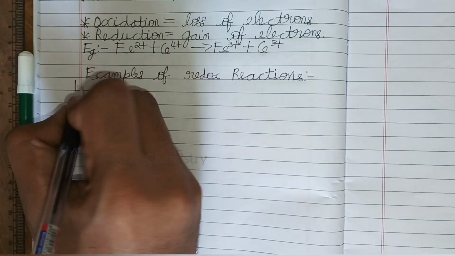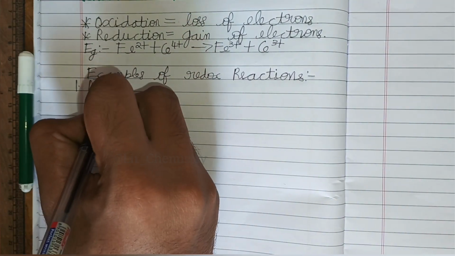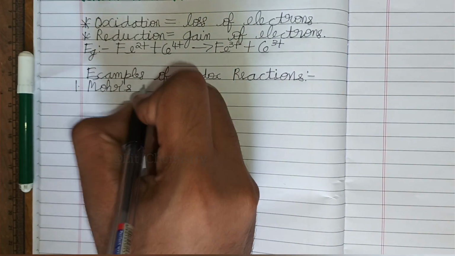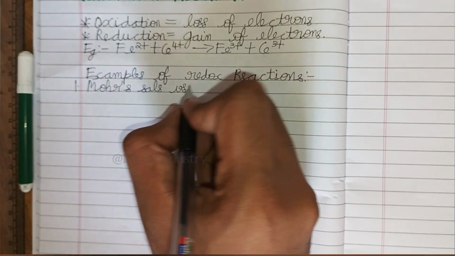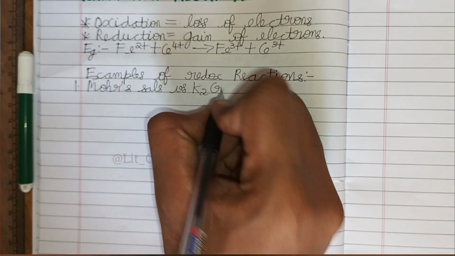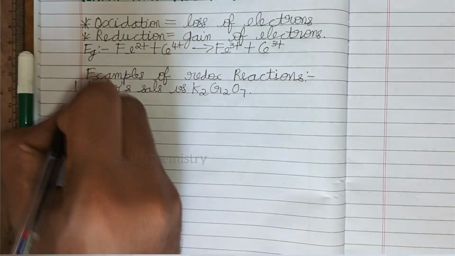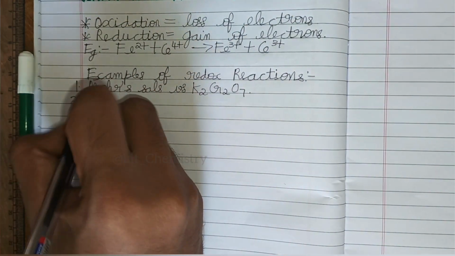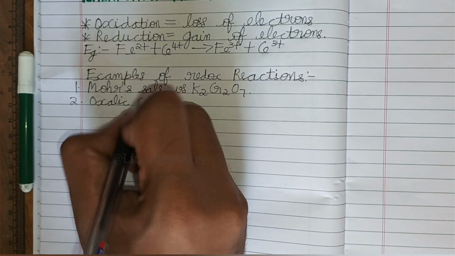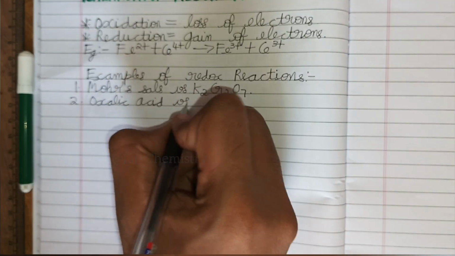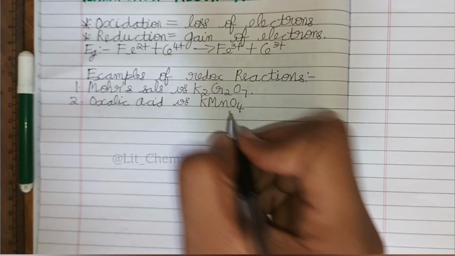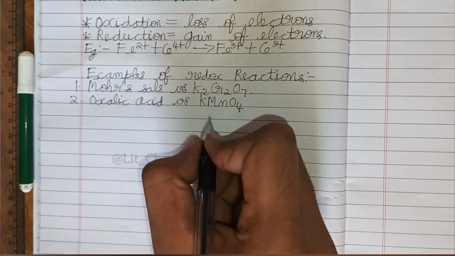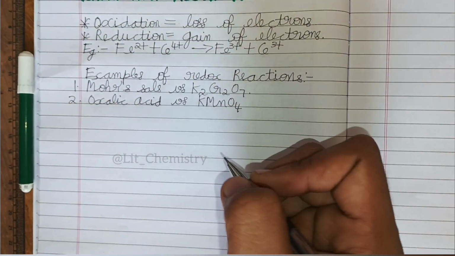Number one, we have Mohr's salt versus K2Cr2O7, and we have oxalic acid versus KMnO4. That is potassium dichromate, and this is potassium permanganate.